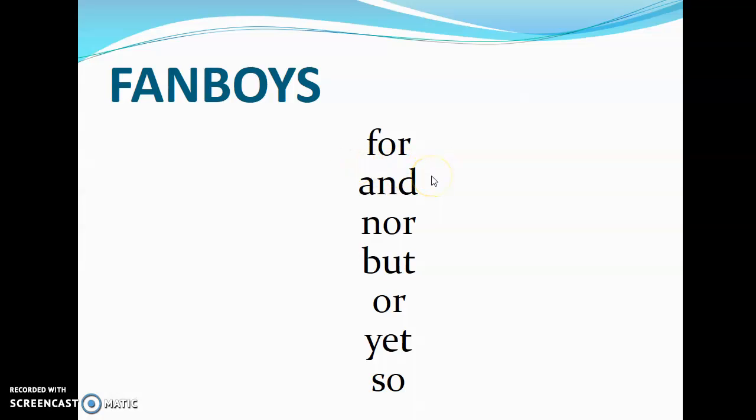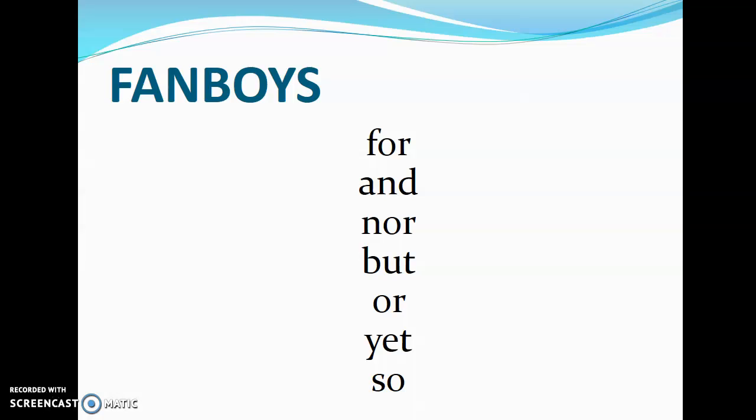So F is for. For, we use it like because. And is when you put two sentences together and the meaning is addition or plus. Nor is like she didn't want this and she didn't want that, two negative things.